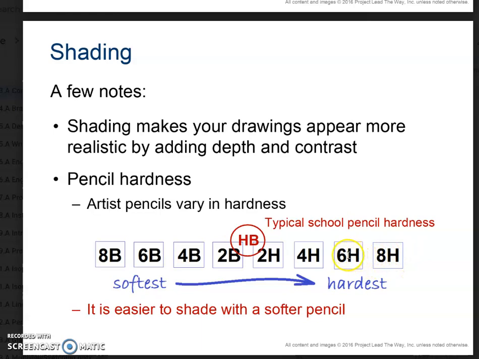For us in class, our standard number 2 pencils will do just fine. Just don't push so hard when you want to create lines and construction lines, and when you want to shade very lightly, and go over the same space a few times and push a little harder when you want to create dark areas.